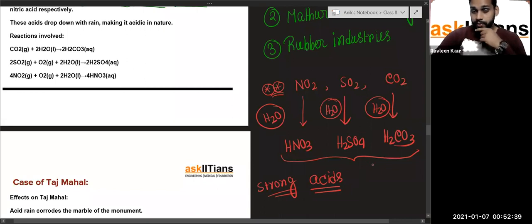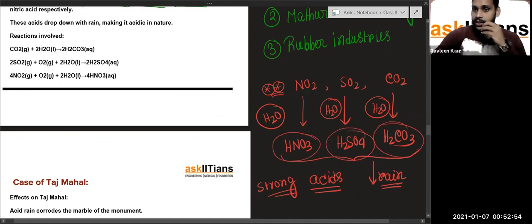They are coming down with rain. So what would happen if you just go out in this type of rain? You would get burnt, right? So we don't want that. If you just keep on polluting our air, this is what can happen to us. I think you can understand how severe it is.